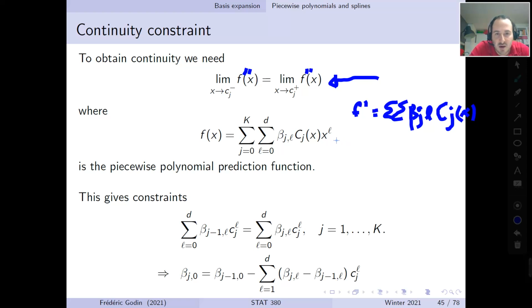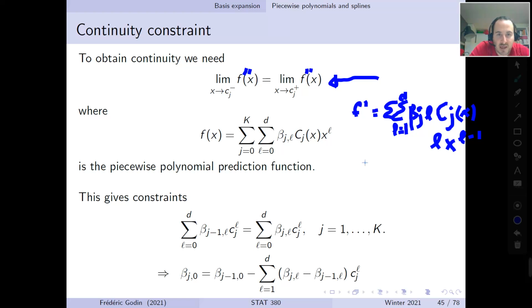What changes is that instead of having x to the l, it becomes x to the l minus 1, with the l going in front. And here, instead of starting at 0, it starts at l equal to 1, because when l is equal to 0, the x term becomes a constant, so when you differentiate with respect to x, the term disappears. Okay, so you obtain this.